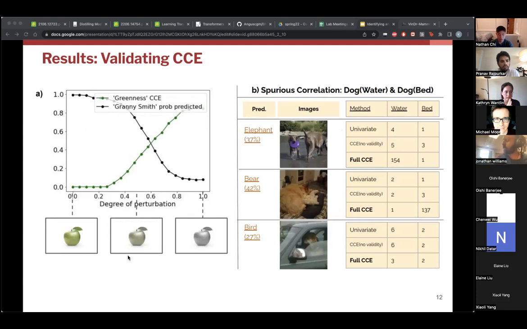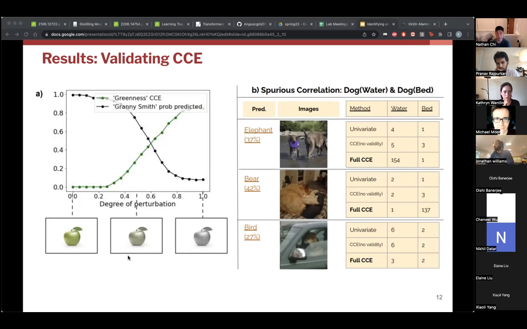They were trying to see, if we removed greenness from a test image of this apple that is in color, and we gradually move it into grayscale, is that going to help us, first of all, to predict that it is indeed a Granny Smith apple, which you can see on the black line. And then you also see the CCE score increases correspondingly, as it's better able to detect the spurious correlation that's starting to show up as you grayscale out.